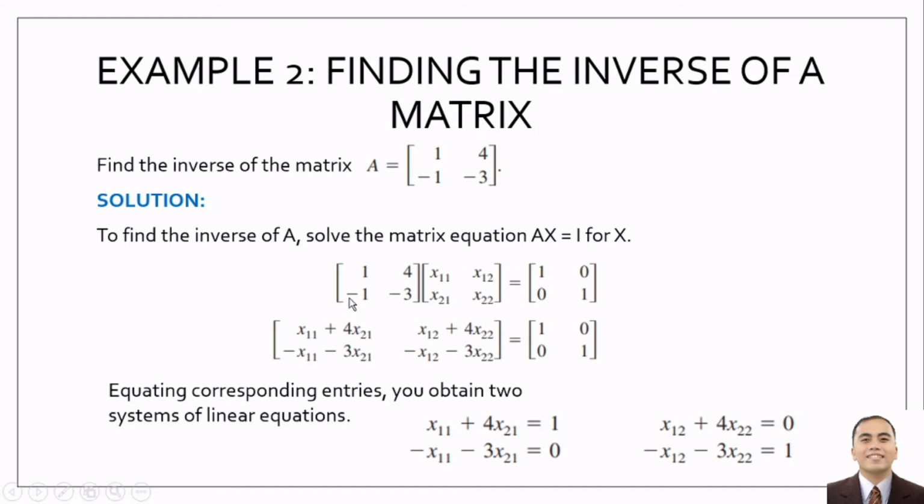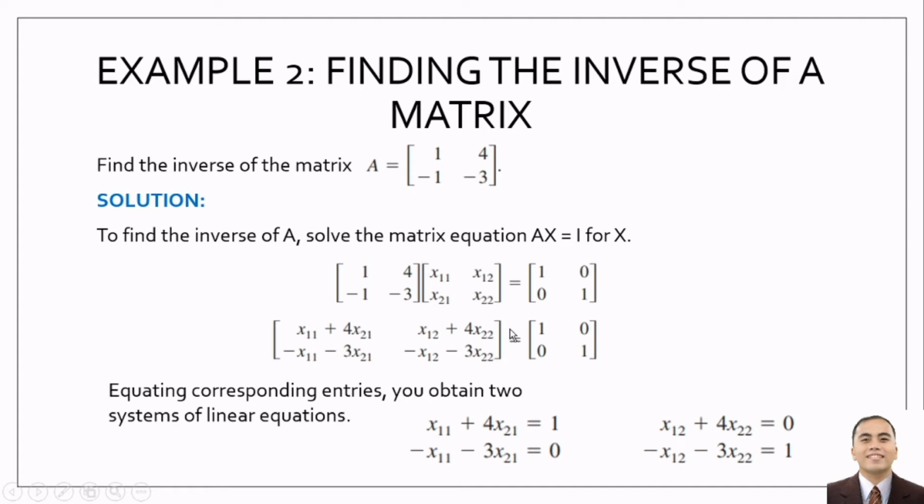We have -1 times x12, which is negative x12, and -3 times x22, which is -3x22.